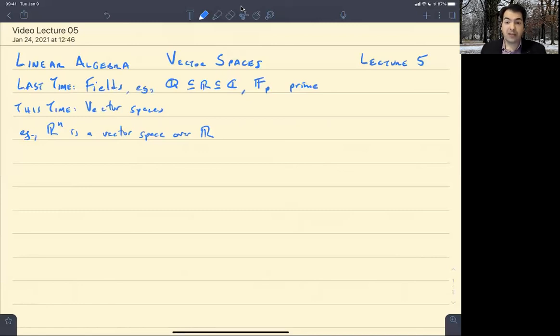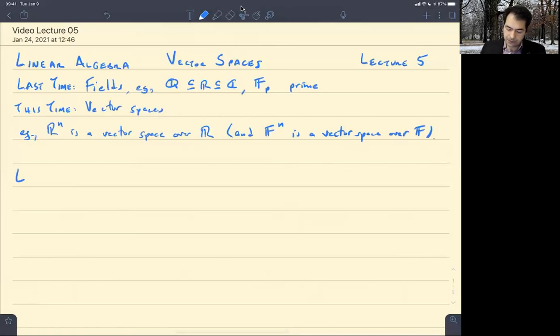The scalars are a field. So now that we've talked about fields, we're going to talk about the vector spaces over those fields. So R^n is a vector space over R, and for any field F, F^n is a vector space over F.